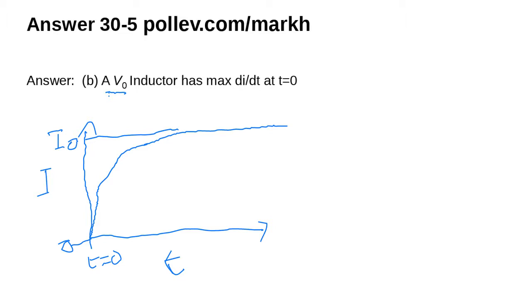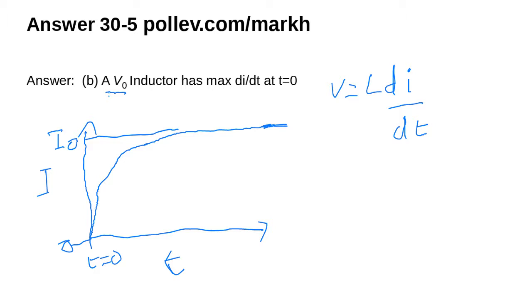So if you remember, the voltage over an inductor was L di dt. So after a relatively long time, when we've reached our steady current I0, then di dt is 0.